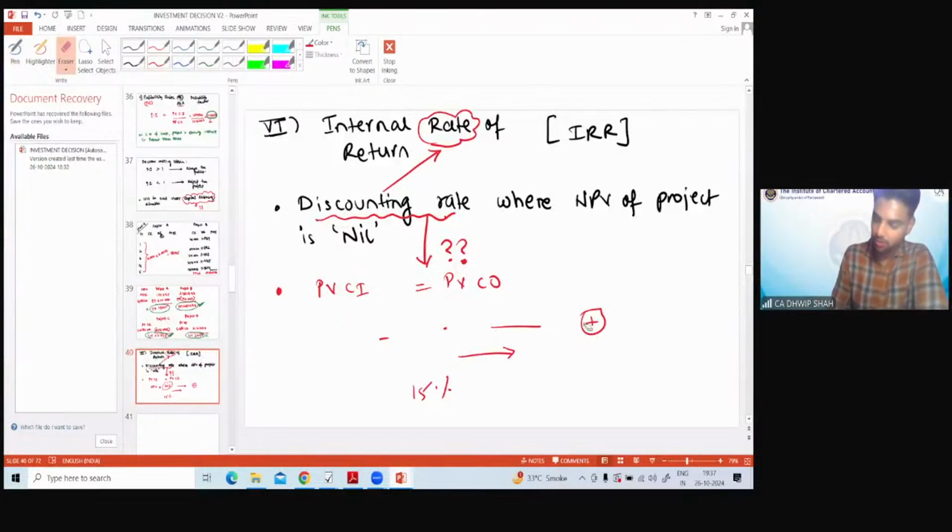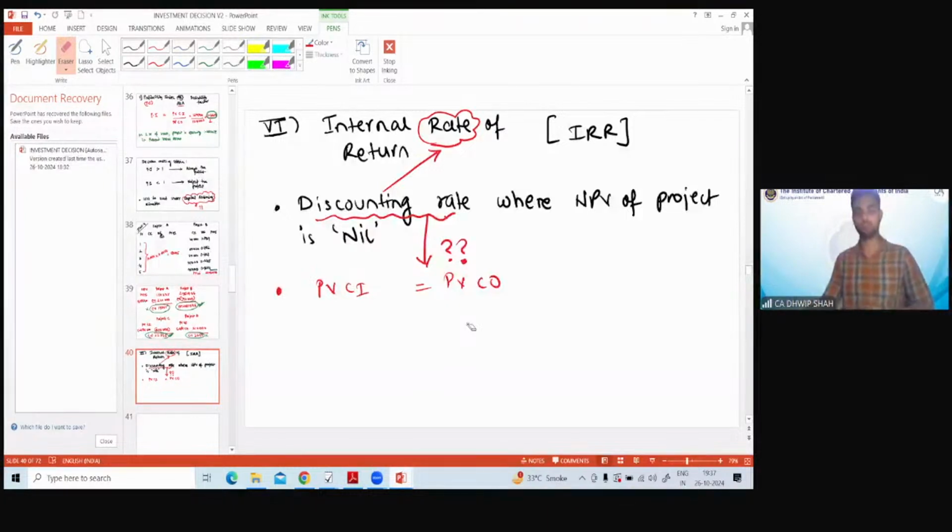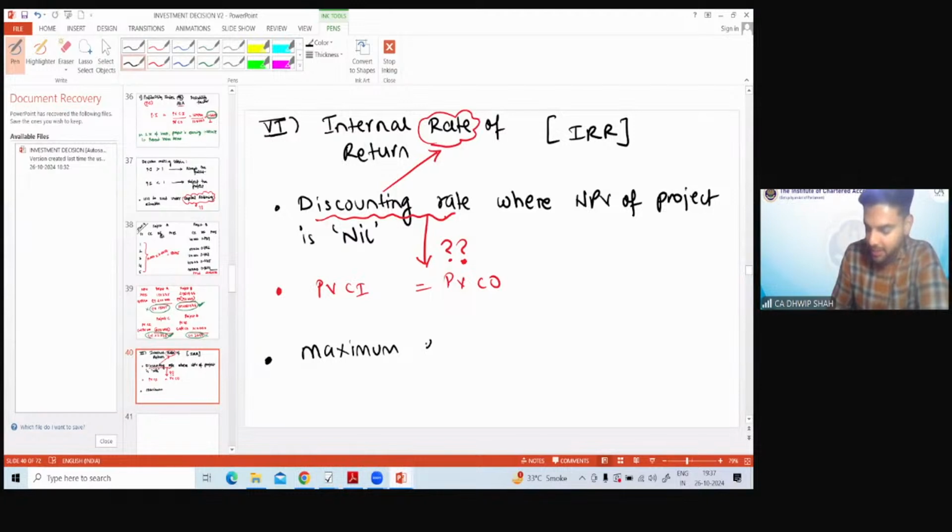We need to find that rate through trial and error where NPV is zero. Understood? And to understand IRR, it is the maximum earning capacity of the project.